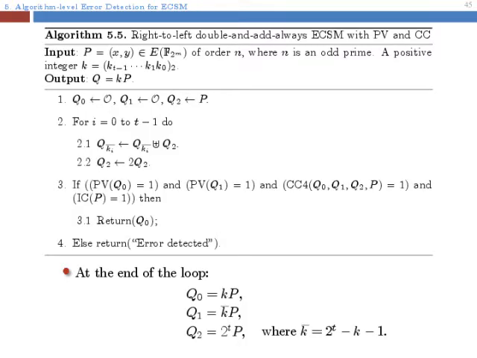We found this one, the double and add always algorithms. Basically, we have two versions: one is left to right, and the other right to left. We found that the right to left can, in this case, resist the sign change attack. Let me explain both of those algorithms.